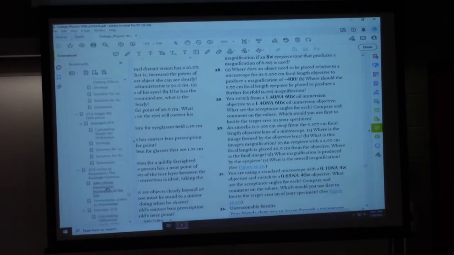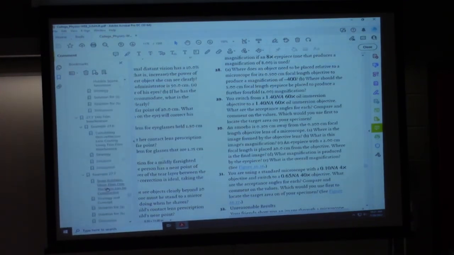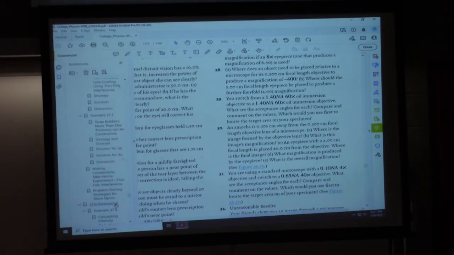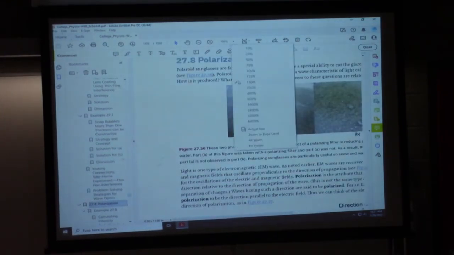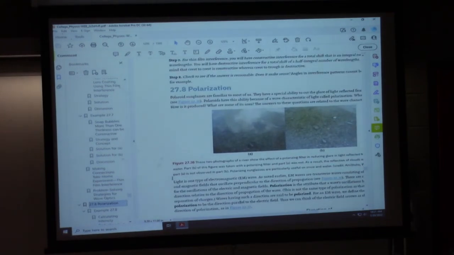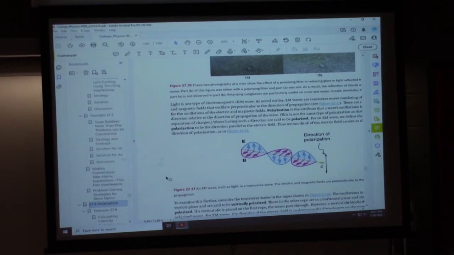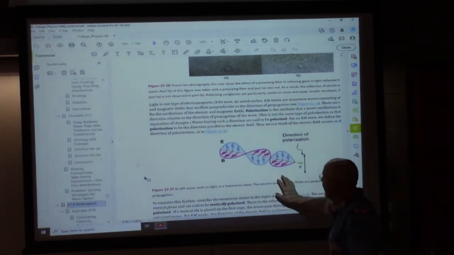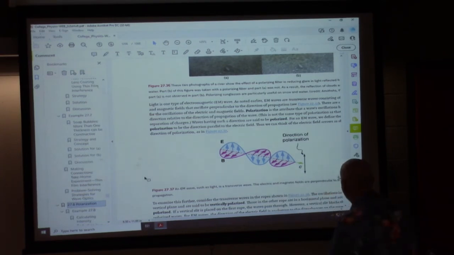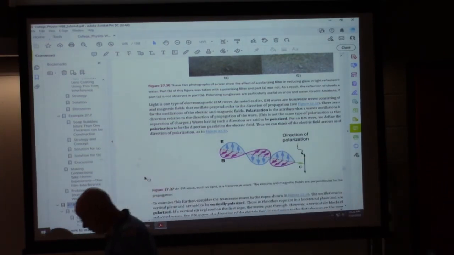And so a very useful property here, the polarization of light, is to remind you of something we said back in chapter 24, that light is a form of electromagnetic waves.